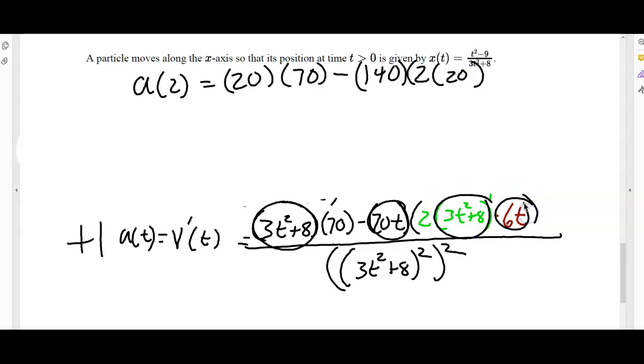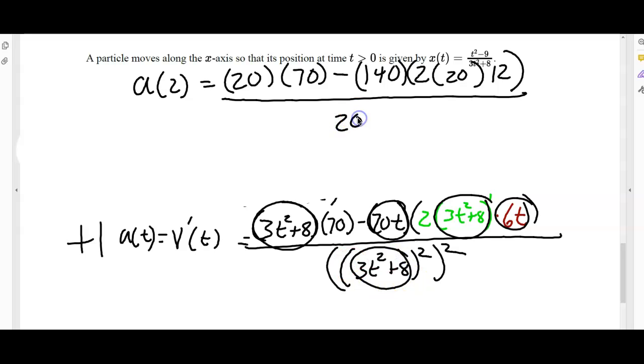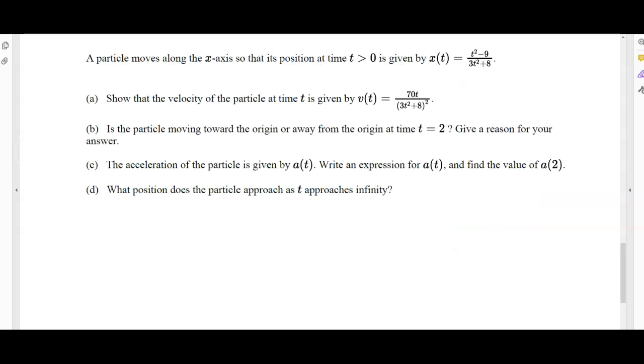And if I were to plug in 2 here, I would get 12. On the bottom, if I were to plug in 2 here, I would get 20. And I'm not even going to simplify that because I don't have to. That's all we need to do. That's the other point, is just plugging it in. Okay? All right.